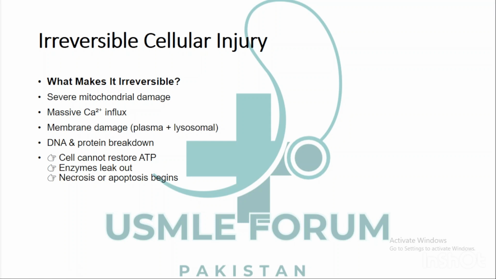Normally, intracellular calcium is highly regulated. Now if you are damaging the membrane, you are allowing calcium to flow into the cell. There is a pump in the membrane that is ATP dependent, and that pump is responsible for pumping calcium out of the cell.